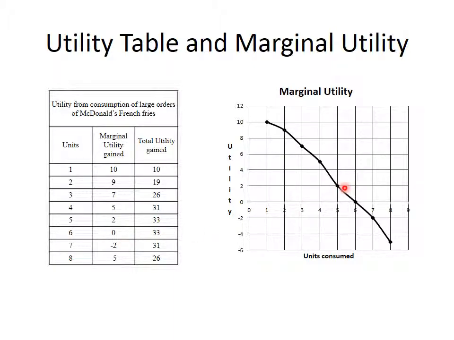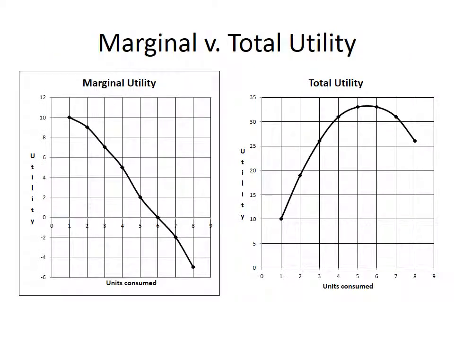Now let's look at what that looks like on a graph. I start out with my consumption up here. Each unit I consume drops me down until I reach that point where I just can't stand the thing anymore, at which point it goes into negative numbers. Now let's look at the graph of marginal and total utility.